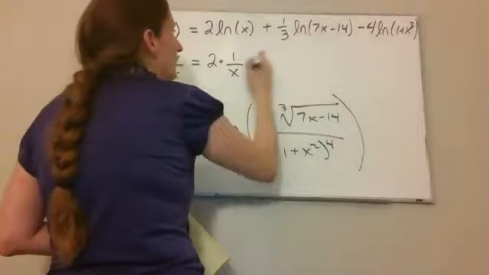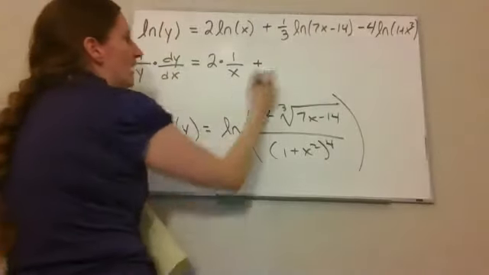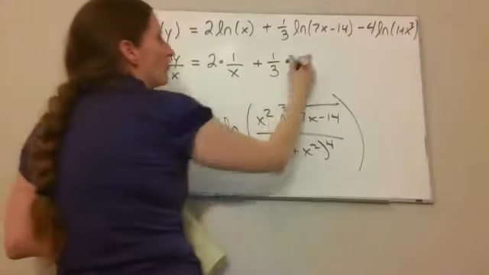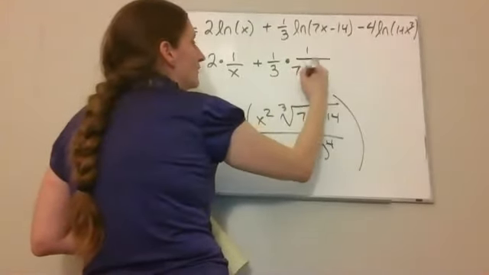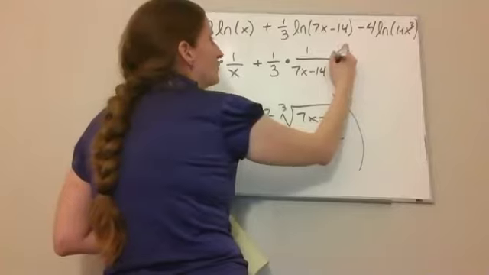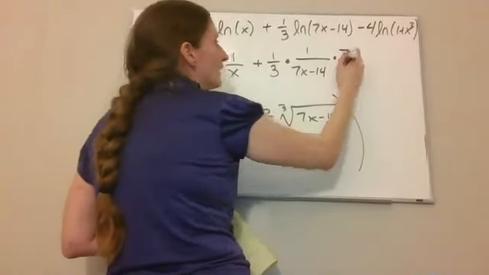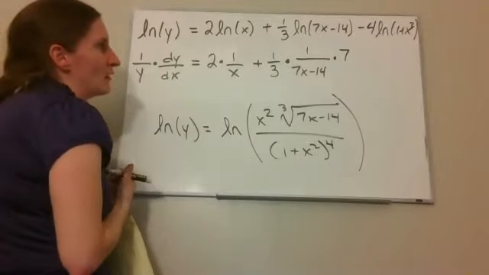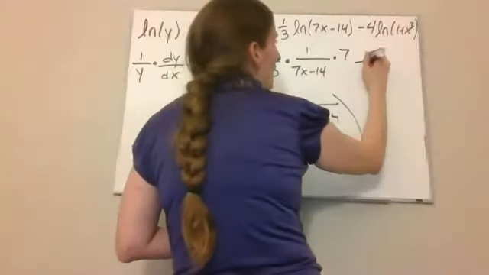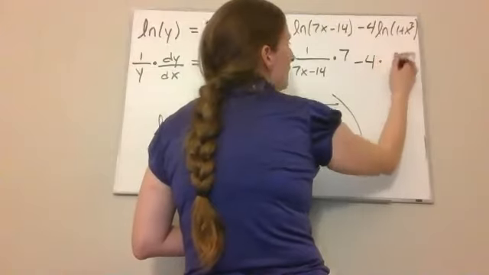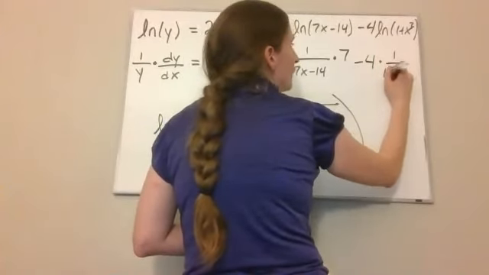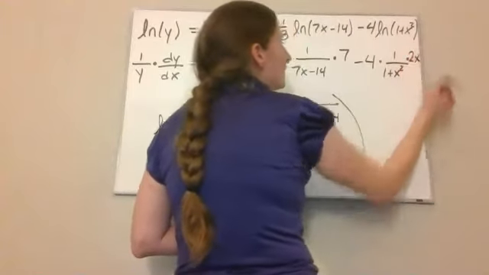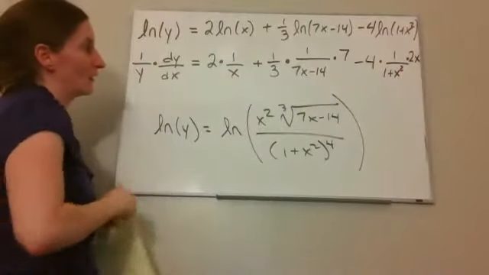For my next one, I have a 1/3 times 1 over the stuff in the parentheses times the derivative of the stuff in the parentheses. And same idea with that last guy. I'm going to have a minus 4 times a 1 over the stuff in the parentheses times the derivative of the stuff in the parentheses.